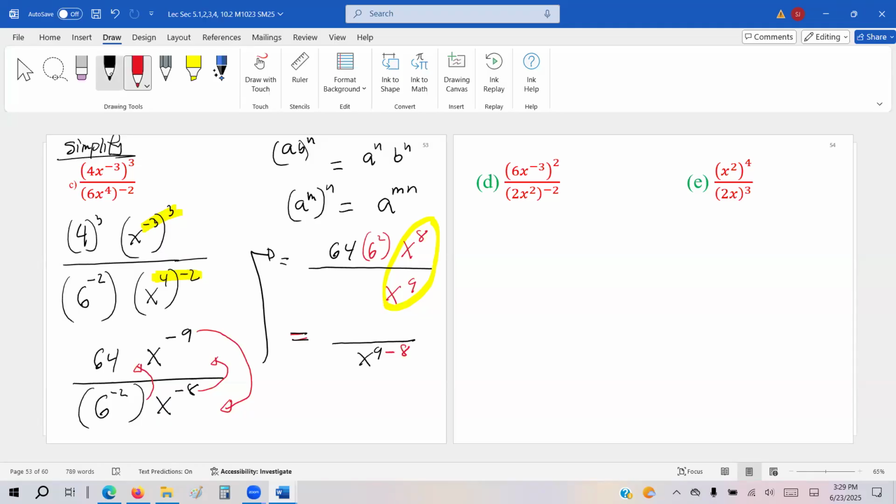Now on the top, we have 64. And what is 6 squared? 36. So now you have to multiply 64 and 36. You have to multiply manually. 6 times 4, 24.